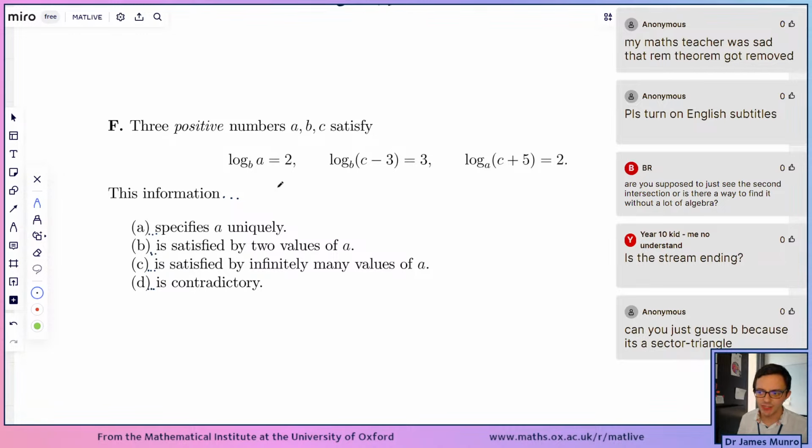So the strategy for this is to convert all of these to equations and then try to solve.